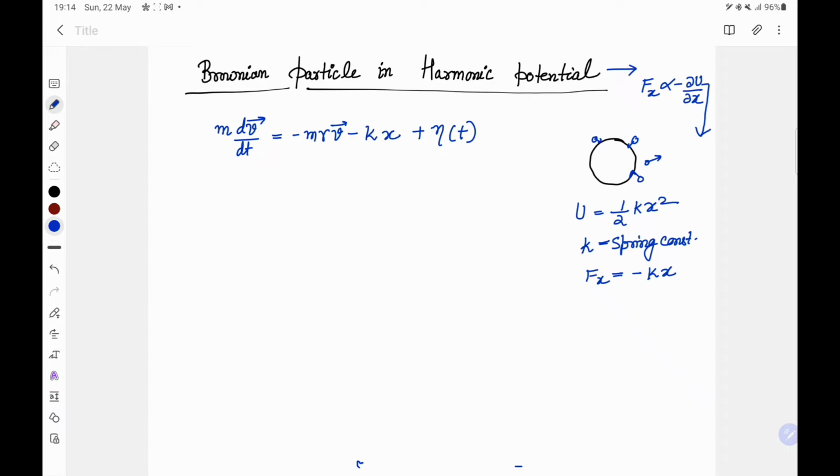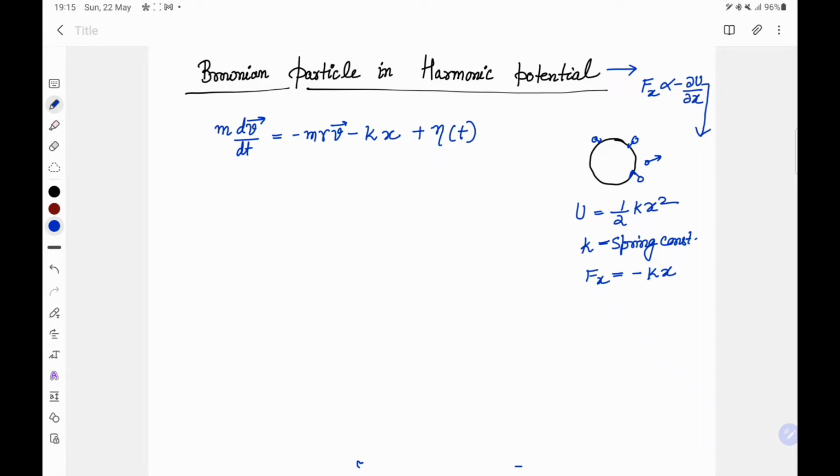Now we want to see what will be the form of the mean square displacement and the velocity correlation, what is the form of the fluctuation dissipation theorem, etc. So for that we need to first solve this equation.